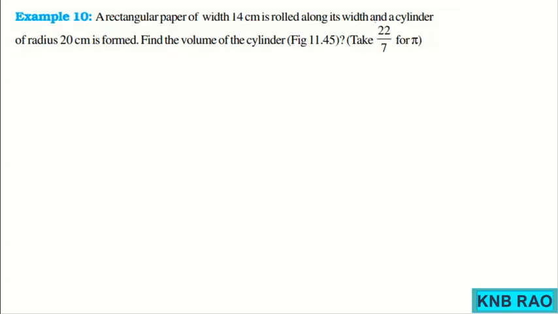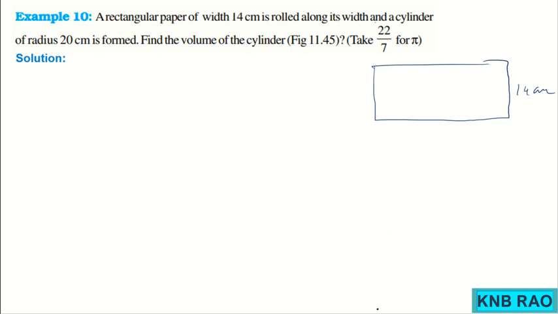A rectangular paper of width 14 centimeter is rolled along its width and a cylinder of radius 20 centimeter is formed. Find the volume of the cylinder. See children, here it is very important. Here is a rectangular paper of width 14 centimeter, rolled along its width.